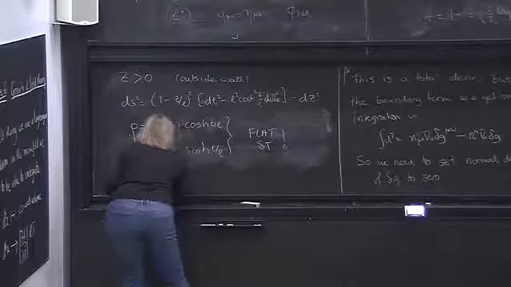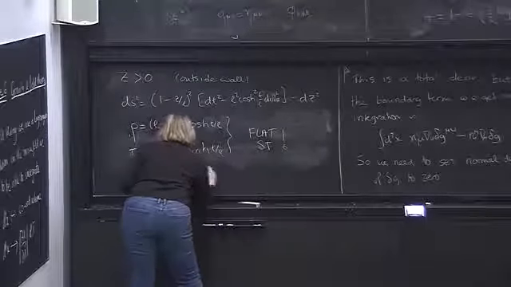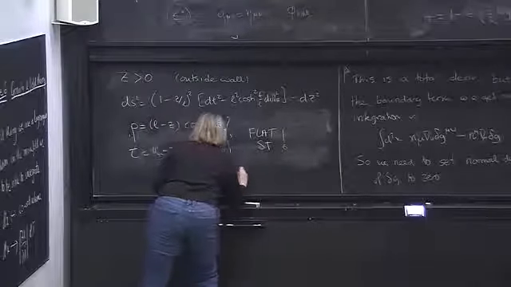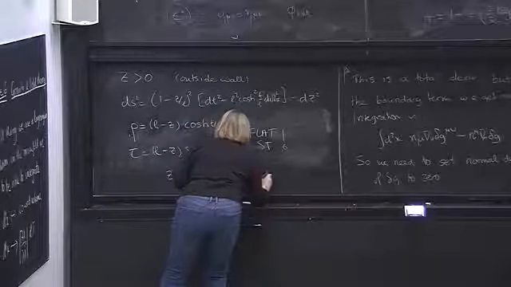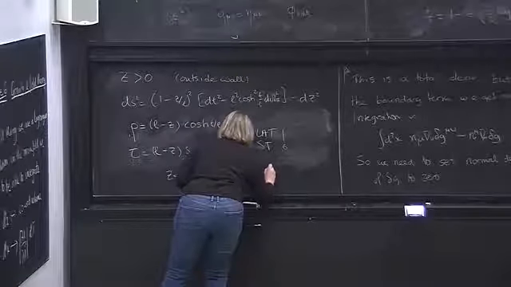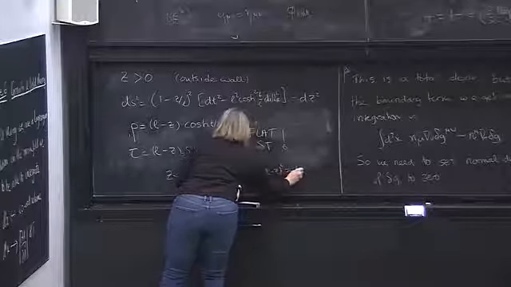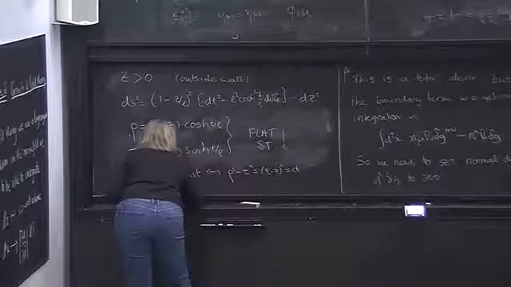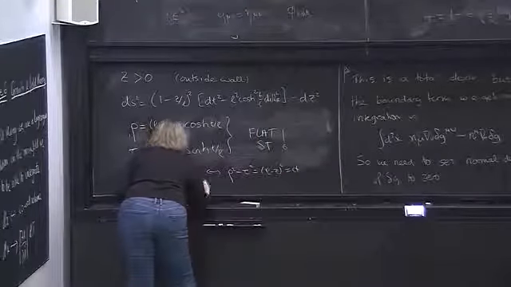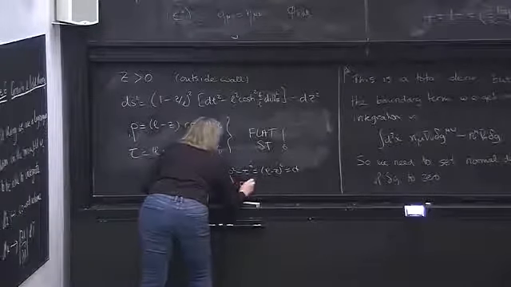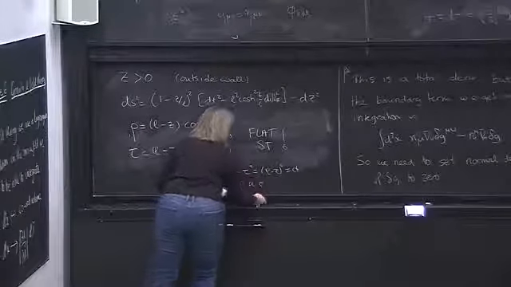So Z equals constant corresponds to rho squared minus tau squared, which is L minus Z squared, being constant. And T equals constant corresponds to rho is proportional to tau.